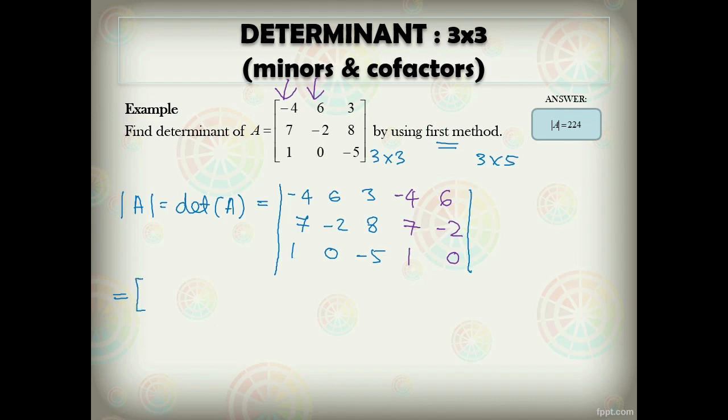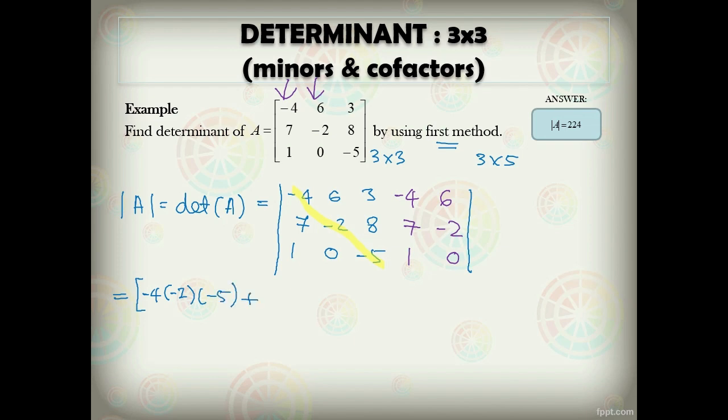The first one is this multiplication: minus 4 multiplied by minus 2 multiplied by minus 5.